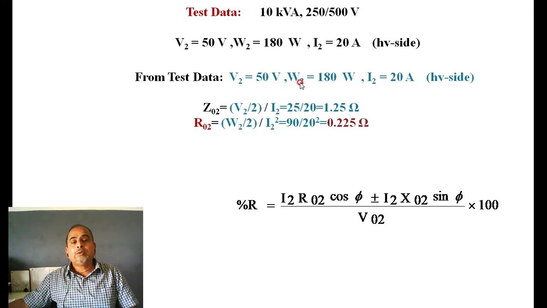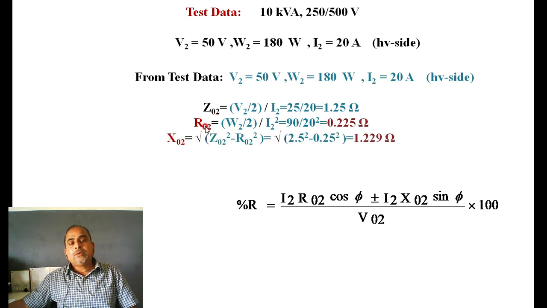I am not using W2 divided by I2 squared; here it is W2 by 2, because I am calculating the resistance per transformer. That is 90 divided by 20 squared, which gives 0.225 ohm, the equivalent resistance referred to the secondary side.